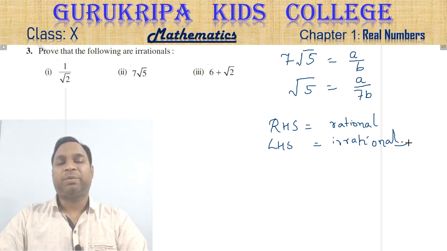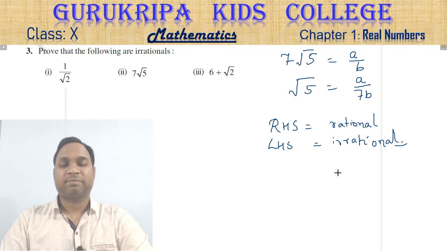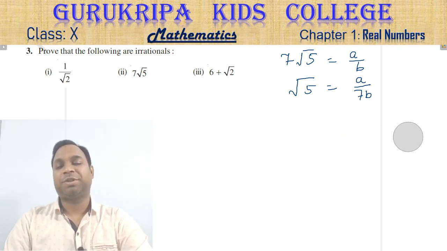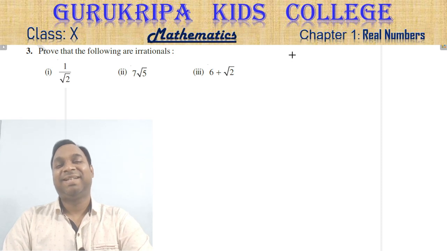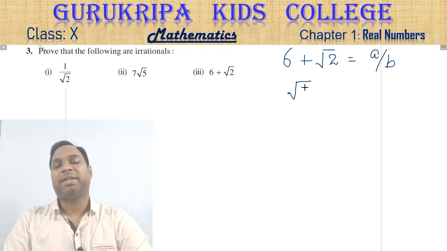What can we do in part 3 of the third question? Very similar process. We have already done it in question number 2 also. We have done it in the previous video also. We have done it so many times. 6 plus square root 2 can be written to be equal to a upon b. Then we have to write square root 2 is equal to a upon b minus 6.